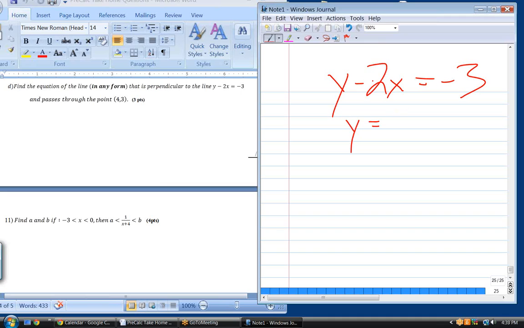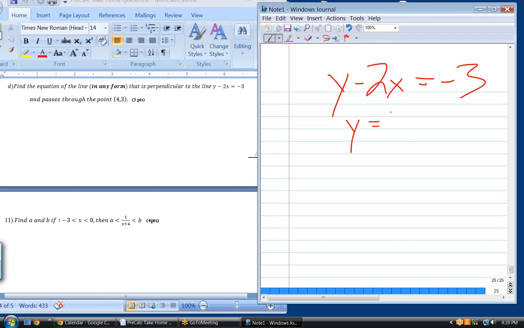Well, how would I turn this into y equals something? What do I do with this? You bring it over. Okay, so what am I going to have? So y equals minus 2x. No. Remember, you always have to do the opposite. To move something to the other side of the equation, you got to change its sign.